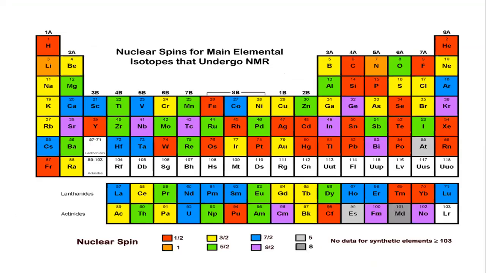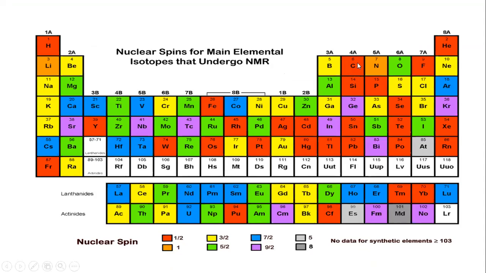So this is the periodic table showing the nuclear spins which are active or undergo NMR, and the values range from half to a maximum of 8. Here, the red is for carbon. These are just the atomic numbers given.